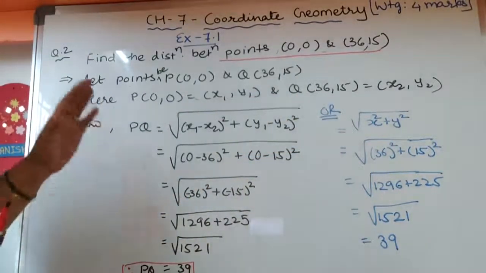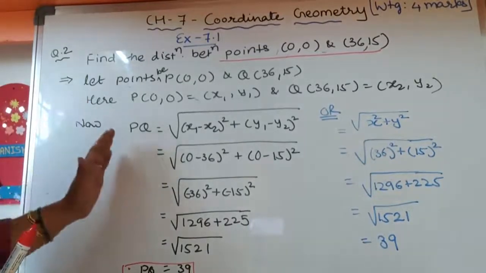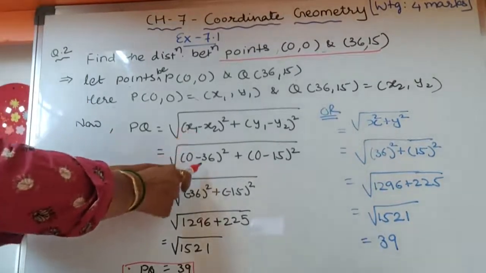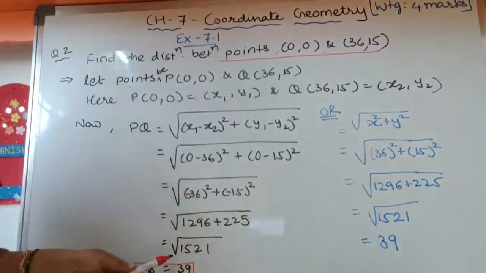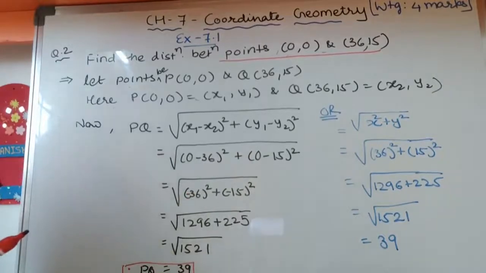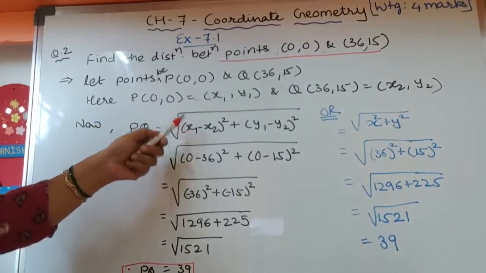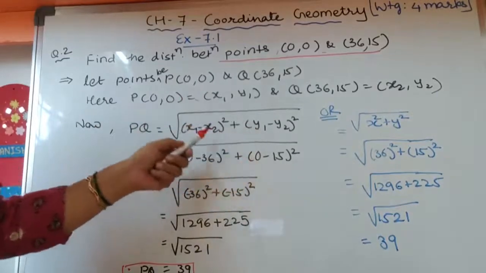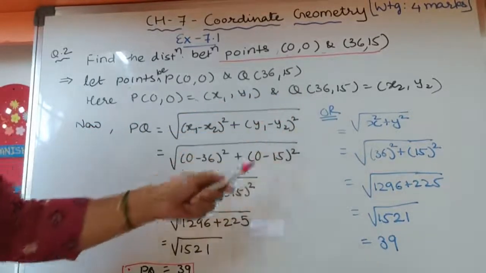If I use the normal distance formula, I can substitute all the values, and finally I got that PQ is equal to 39, as x1 is 0, y1 is 0, x2 is 36, and y2 is 15.